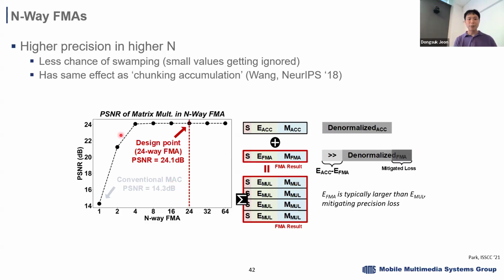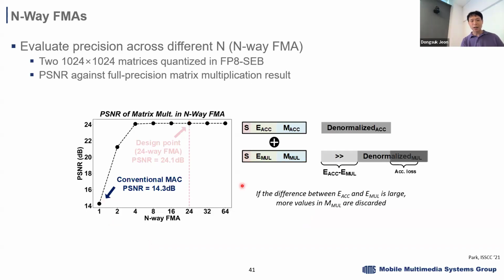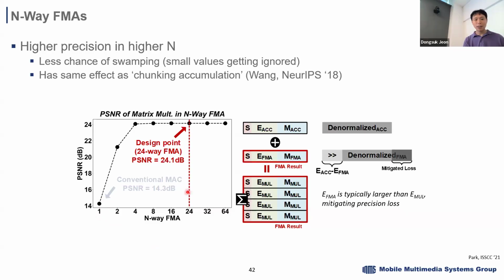As you can see from this plot, if we try to multiply just two matrices, the conventional architecture has very poor PSNR. But if we compute 24 values in parallel, then we can recover the PSNR all the way back to the baseline. So I think it was a very effective solution for neural network training.